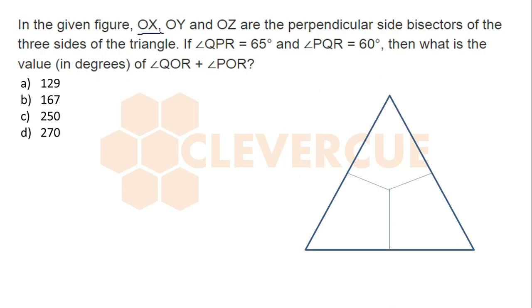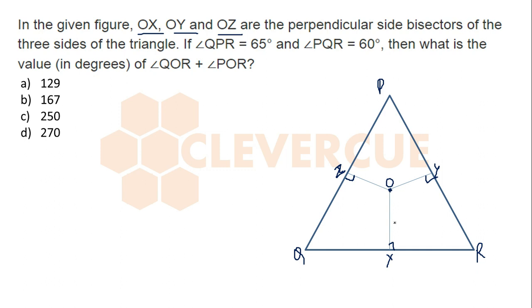In the given figure, OX, OY and OZ are perpendicular bisectors of the three sides of the triangle. Right. So these are the perpendicular bisectors of the sides. Here this is O and this is X, Y, Z and this is P, Q, R. So what he means to say is O is the circumcenter of the triangle.